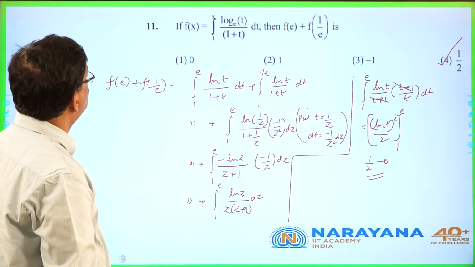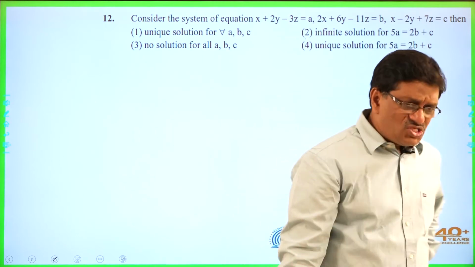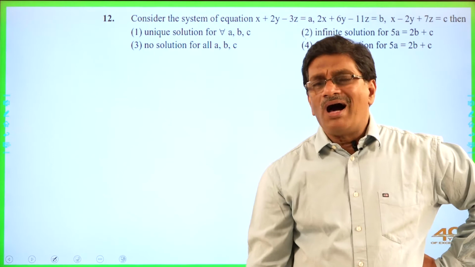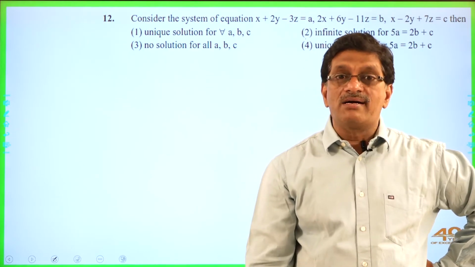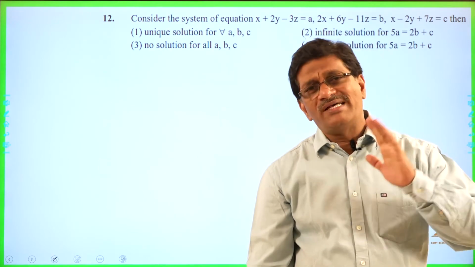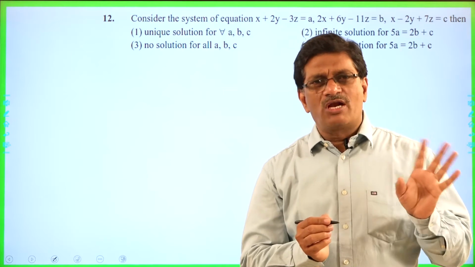Question number 12. Consider the system of equations, so and so. So to check the consistency, always it is better to use the rank concept rather than Cramer's rule. If you are already exposed to the rank concept, use the rank. Otherwise, use your regular procedures.